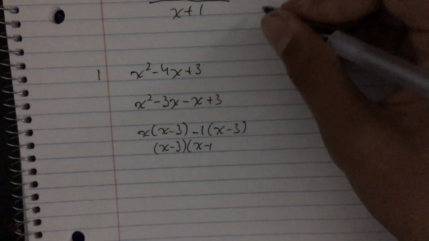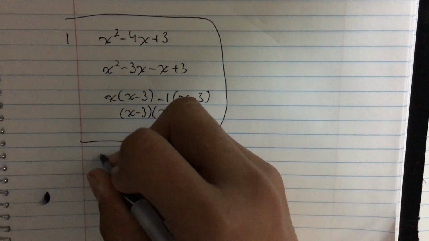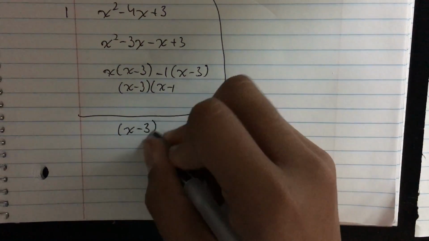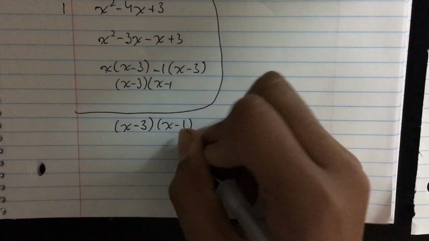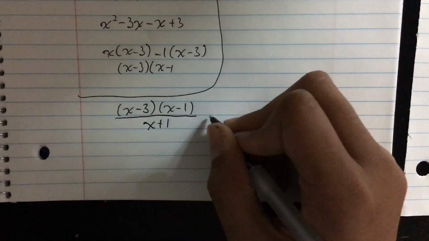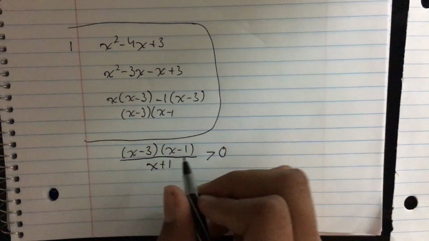So if we continue on with that, this is just a little workbox. What we're going to get is x minus 3 times x minus 1 divided by x plus 1 is greater than 0. And so now we're going to have to find the critical points.